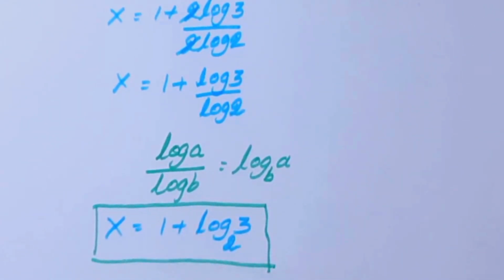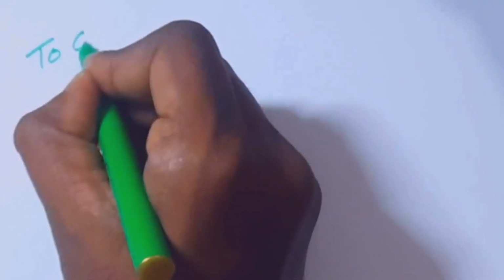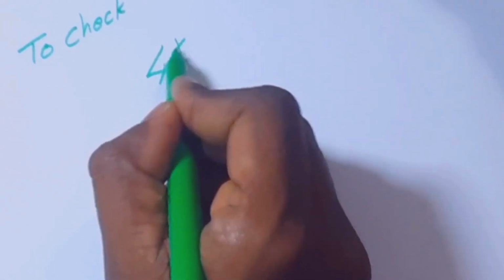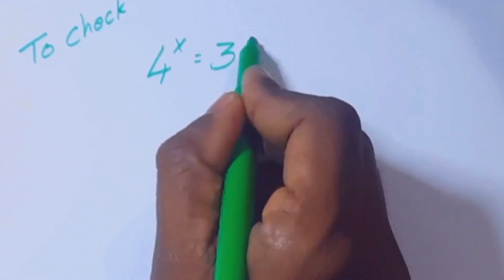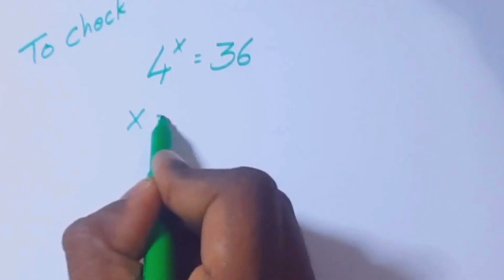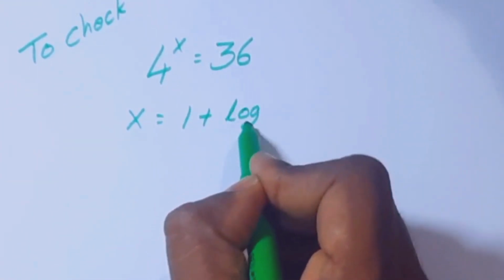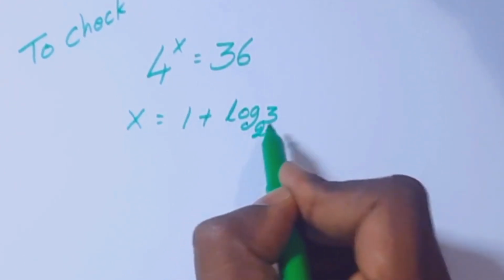Now we are going to verify this. To check the equation 4 power x equal to 36, now x equal to 1 plus log 3 base 2.